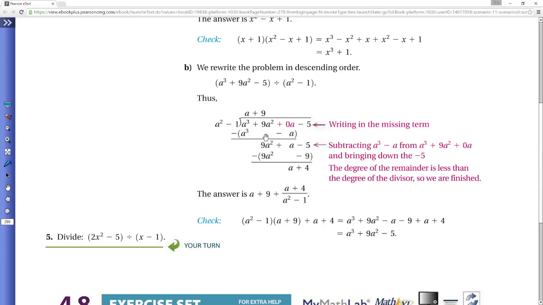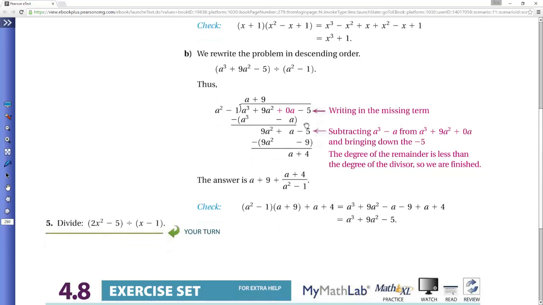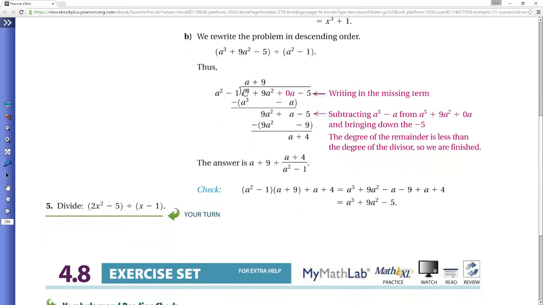A times a negative 1 is a negative a. There's no a squared term. So I line up, make sure when I subtract, I want to line up like terms, and then I subtract. Well, this goes to 0. That's our goal, right? To get one of the terms of the original polynomial or dividend to go away, right? That first or highest degree term.